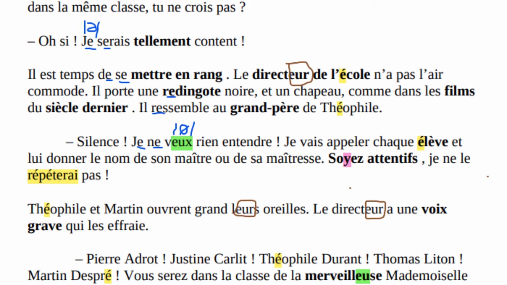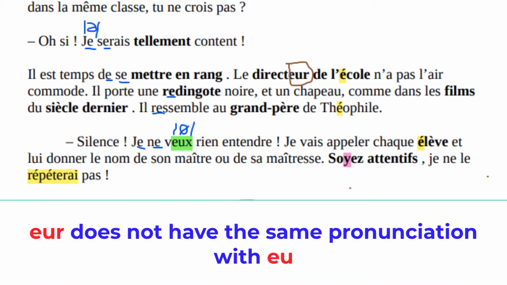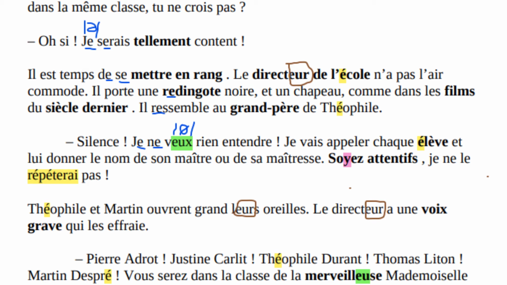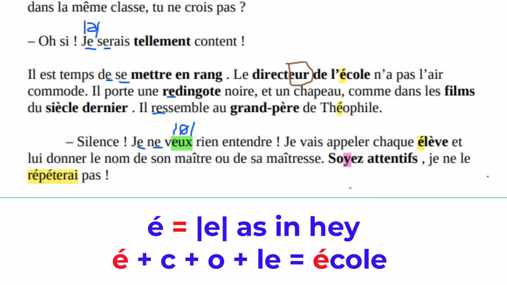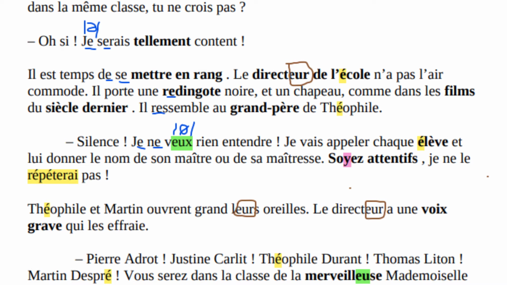Le directeur, can we see our EUR is circled, so it's giving the sound just like we have le, we have te. De l'école, can we hear the A sound? There we have our accent aigu. Il n'est pas commode. Il porte une redingote.